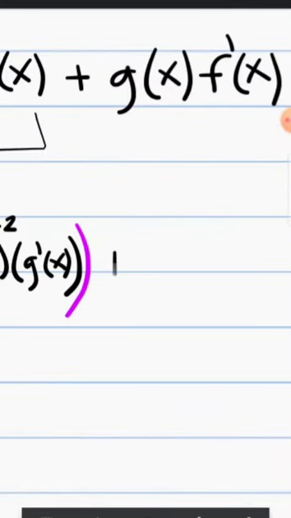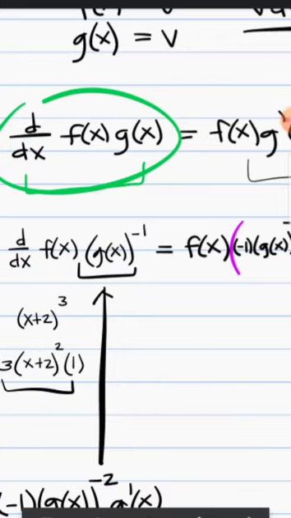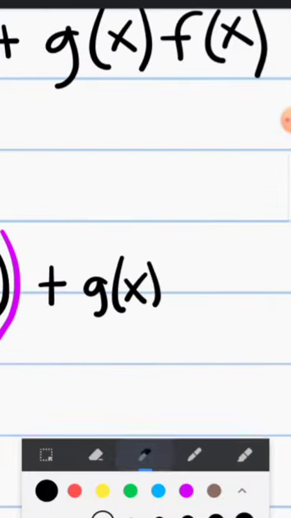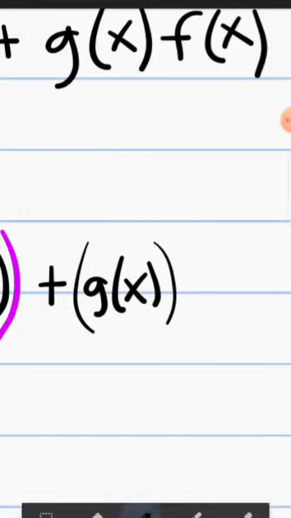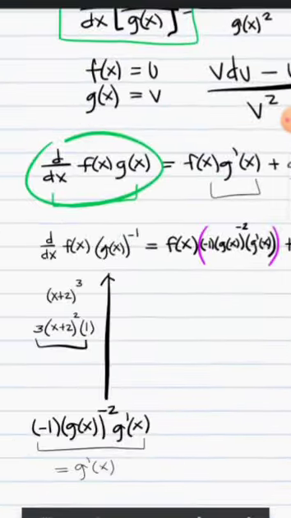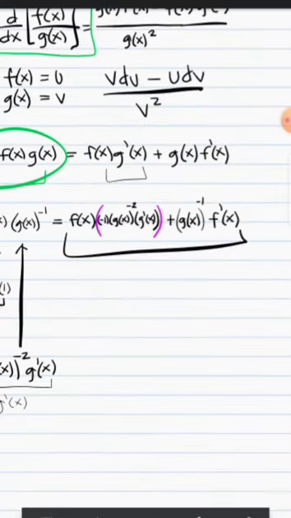And then plus, again, our g of x is this one. So this is g of x raised to negative 1. And then the derivative of our first function, f of x, is f prime of x. Right? So this is now the quotient rule.